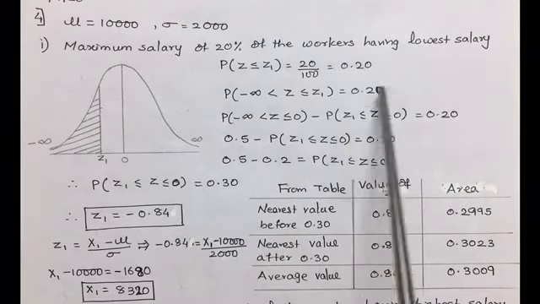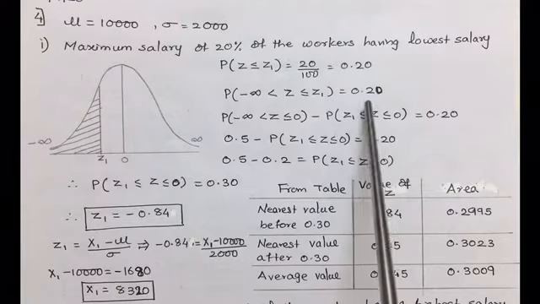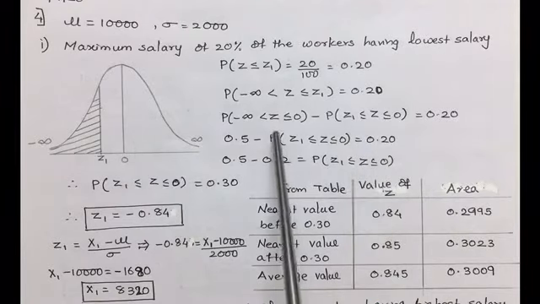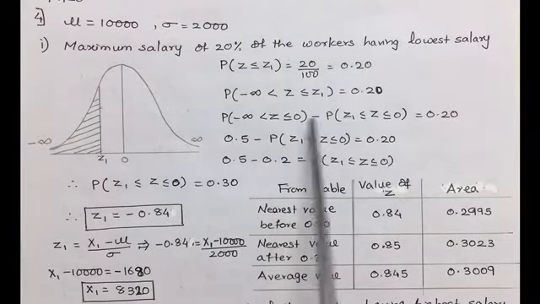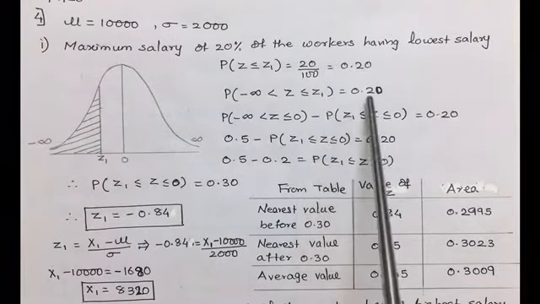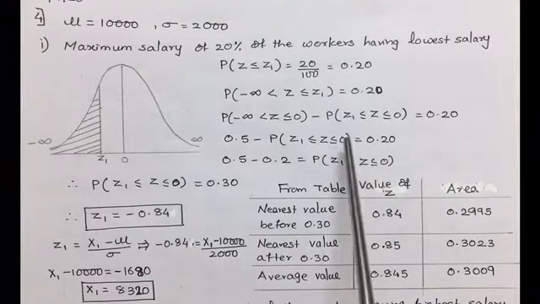Now as this value 0.20 is less than 0.5, we have to break the probability and subtract it. We always break the probability till 0 and it is to be subtracted. Reason 0.2 is less than 0.5.